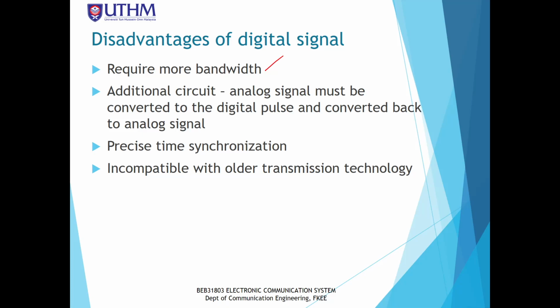But the good thing about higher bandwidth is that we can have a higher transmission rate, or data rate. If we use a wider bandwidth, our transmission rate will be much faster. Data rate and bandwidth are proportional to each other. If we need a higher speed, we need a higher bandwidth.